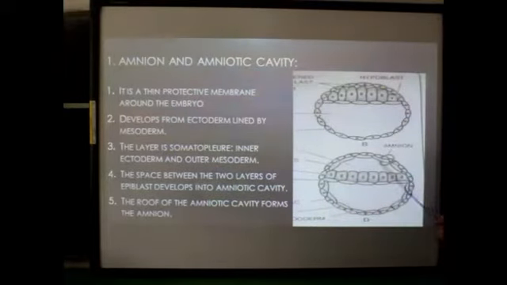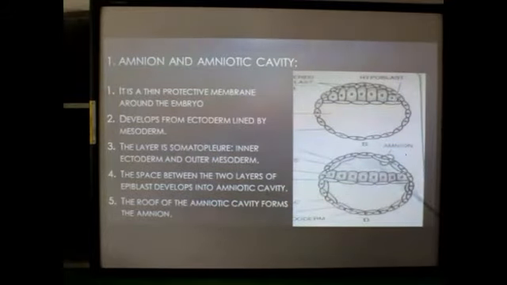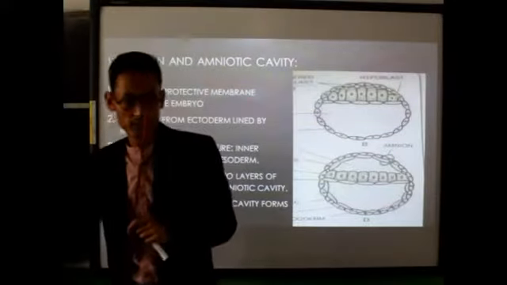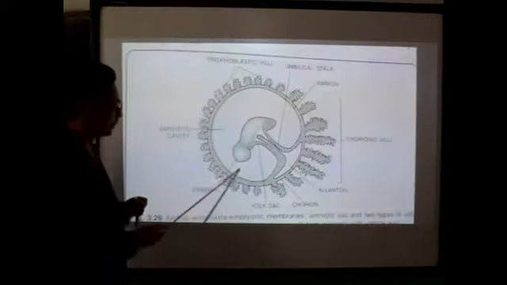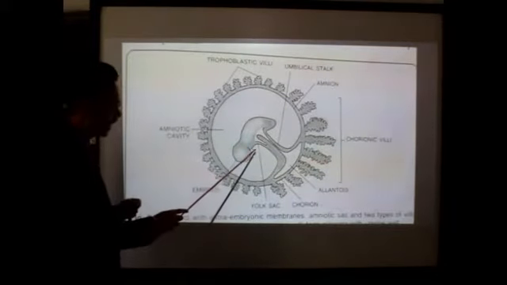The space between the two layers of the epiblast develops into the amniotic cavity. That means these two layers, alright? These two cells of the epiblast will separate during gastrulation, and a cavity will be created, and this cavity is called the amniotic cavity. Now in the amniotic cavity, we will find the amniotic fluid. Clear?